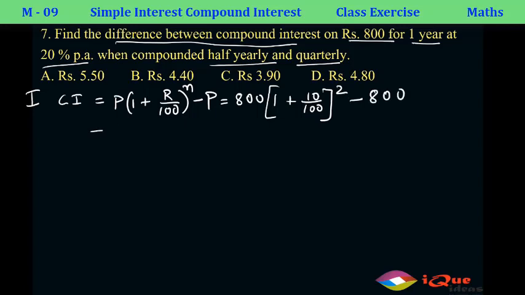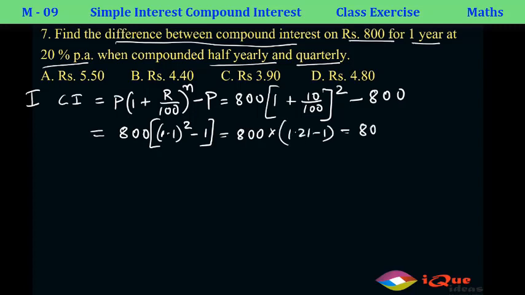So what we can do is take 800 common. 1 plus 10 by 100 is 1.1. So it is 1.1 square minus 1. So it becomes 800 into 1.1 square is 1.21, minus 1. So it is 800 into 0.21, which is eventually equal to 168 rupees. Alright.